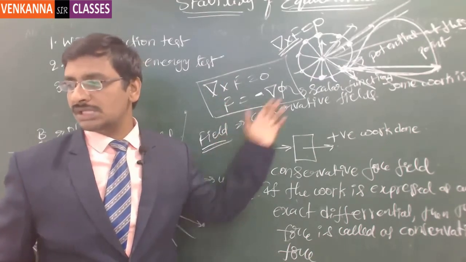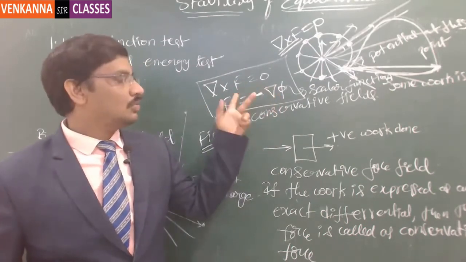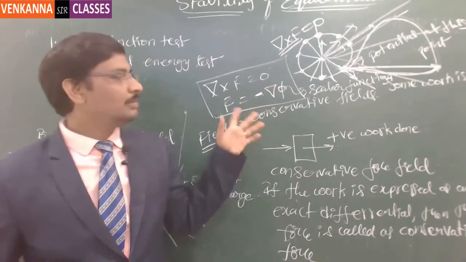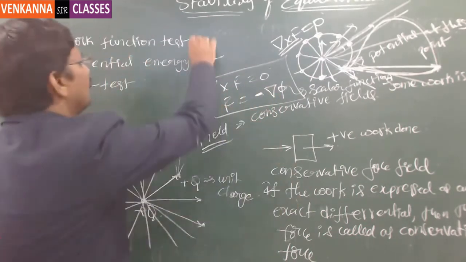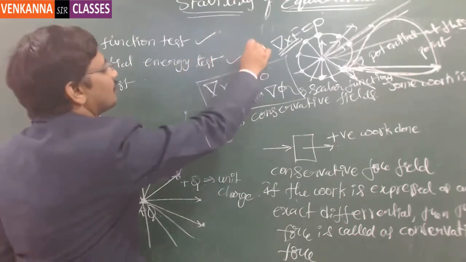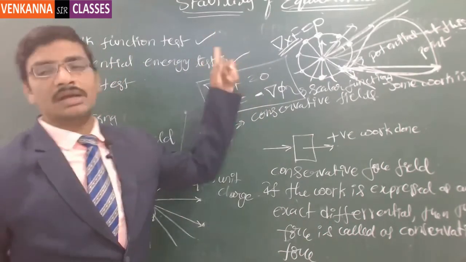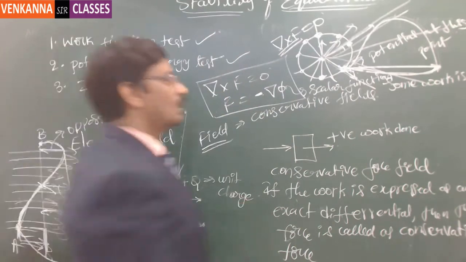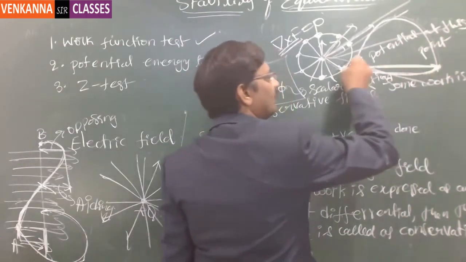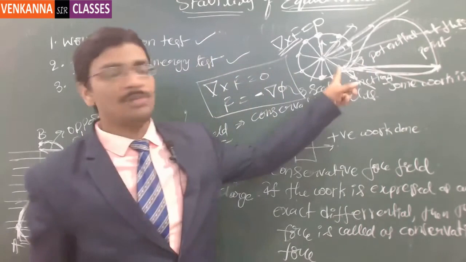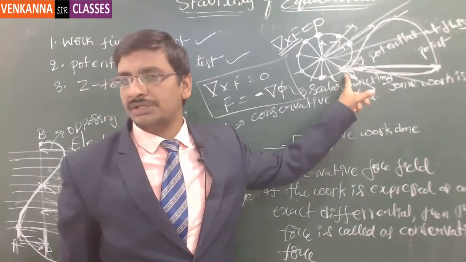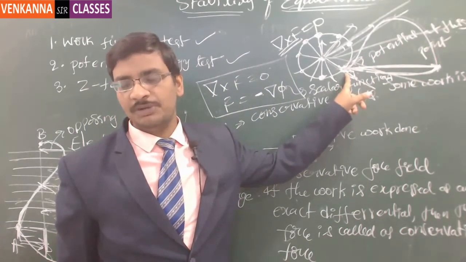Got it? So the whole discussion we have done here, why? Because there is something called the work function and the potential energy. Now these two are interrelated to each other. Whatever work we have done from here to here is getting stored in the form of energy at this particular location. Why do we call this energy at this location?